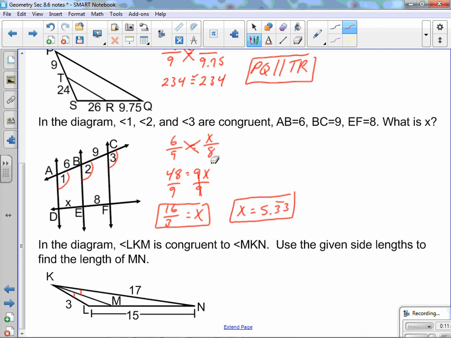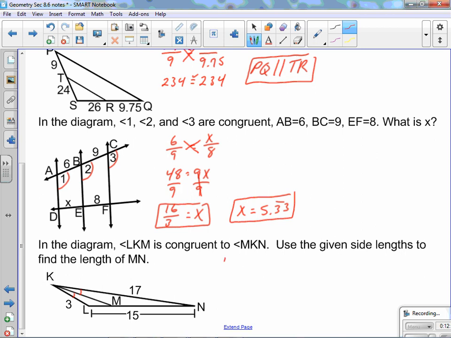So if we're trying to find the length of MN here, using the given side lengths, then we know that 17 for KN over 3 for KL should equal MN over ML, right?